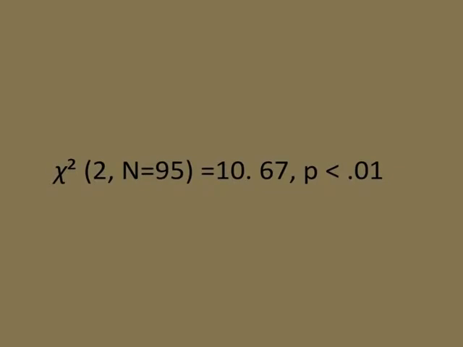That is, there is an association between gender and height, which can be denoted by chi-square open bracket df of 2 comma capital N equals to 95 close the bracket, which equals to the chi-square value 10.67 comma p less than 0.01.